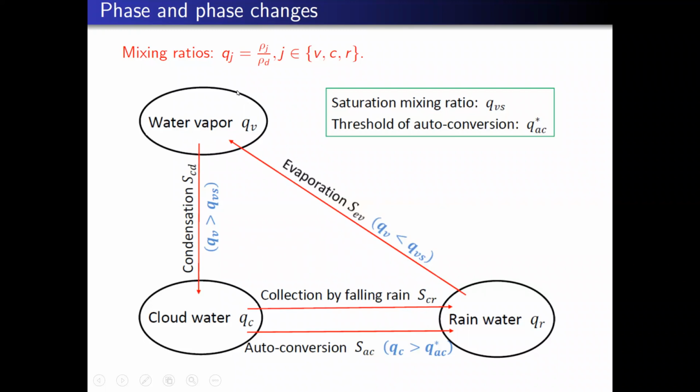If you have water vapor and it is condensed, so when it is larger than some critical value, then it becomes cloud water. So q_c is cloud water, and q_v is vapor. Now, cloud water, if it becomes too much, so above a certain critical value, then it transforms into rainwater.